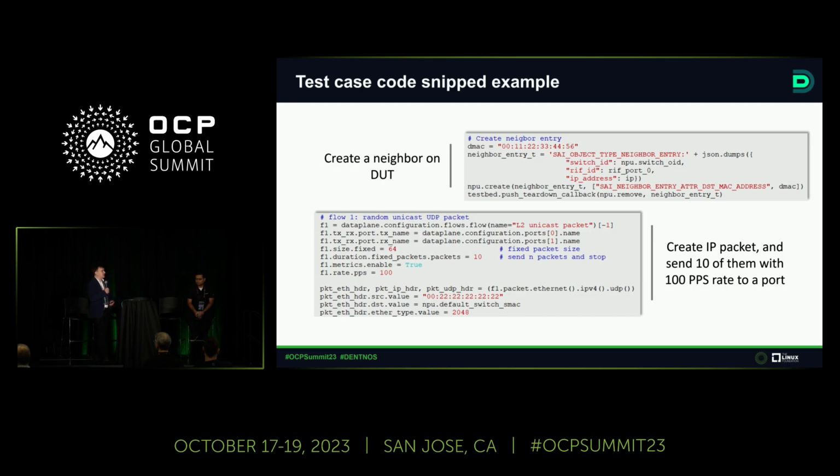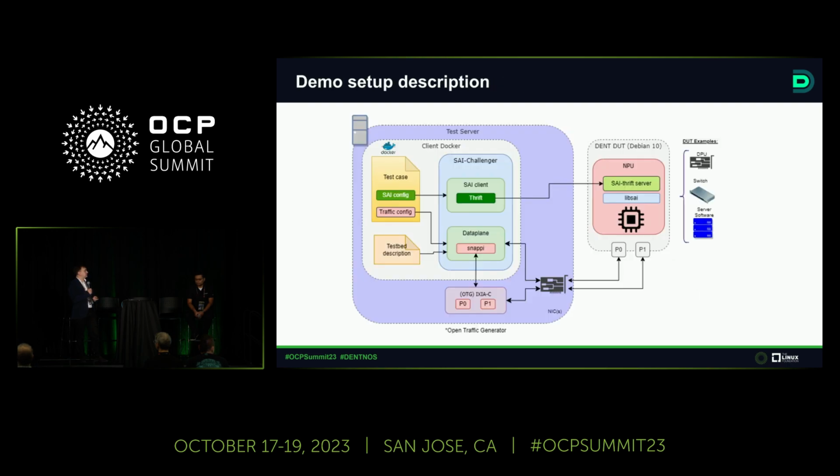The idea here is this exact same code should be executed and work without any changes on Marvell, Broadcom, NVIDIA, Centec, and any other SAI implementation, and should work with Ixia-C, IxNetwork, T-Rex, and other implementations of the traffic generator.